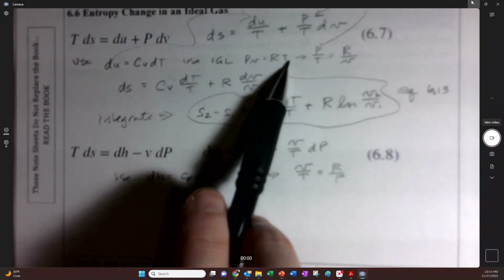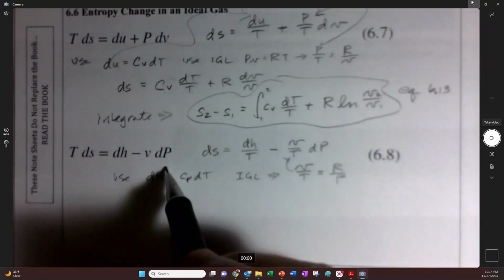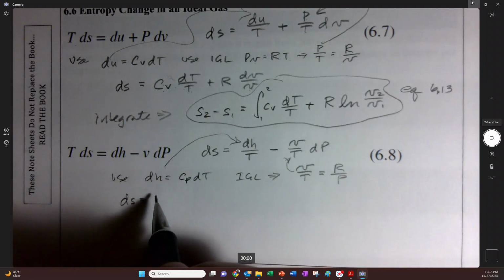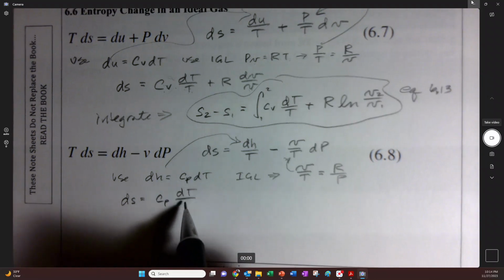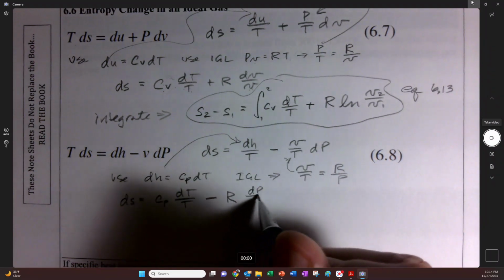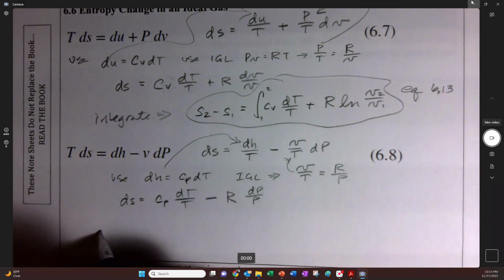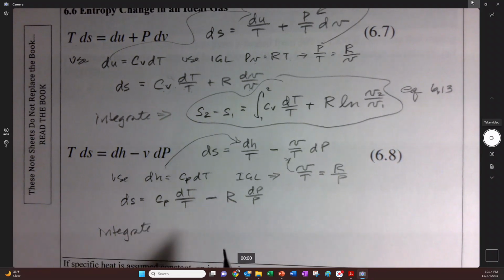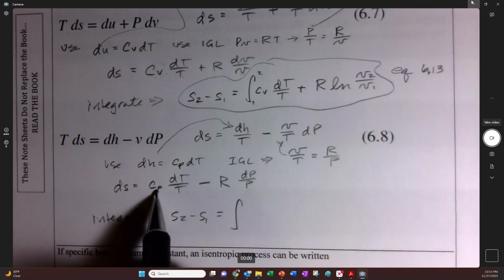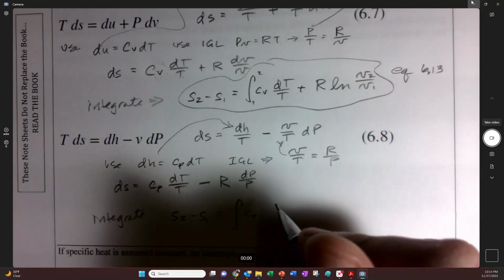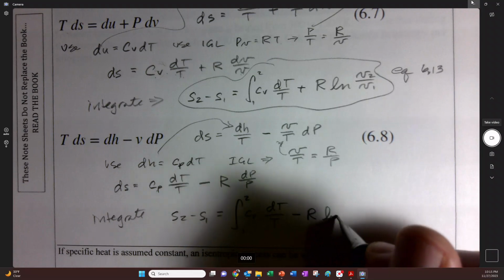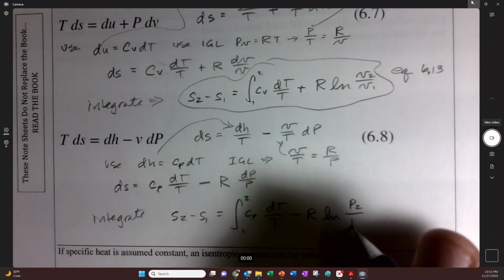We just replace V divided by T, and so we end up with ds equal to Cp dT over T minus R dP over P. In a similar way, just integrate, and we have S2 minus S1 equal to the integral of Cp dT over T, states 1 to 2, which can vary with temperature as well, minus R times the natural log of P2 over P1.